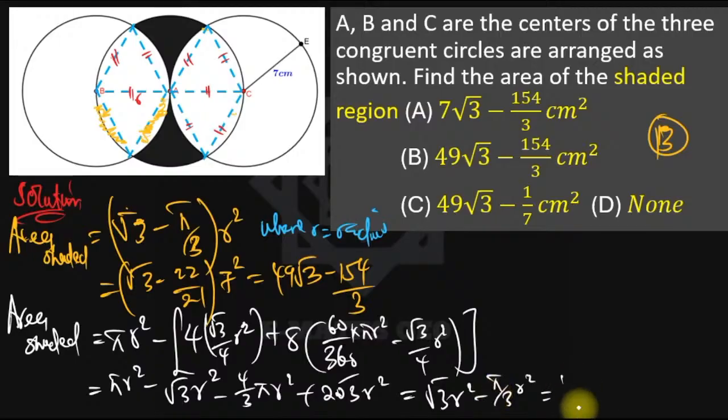You can factor r squared, so we have root 3 minus pi over 3, all times r squared. That's the formula we use.